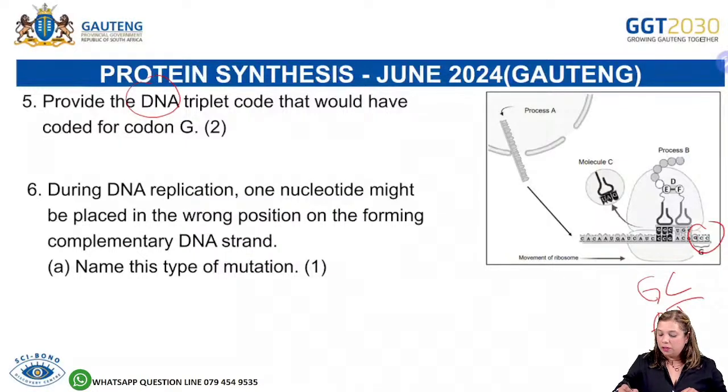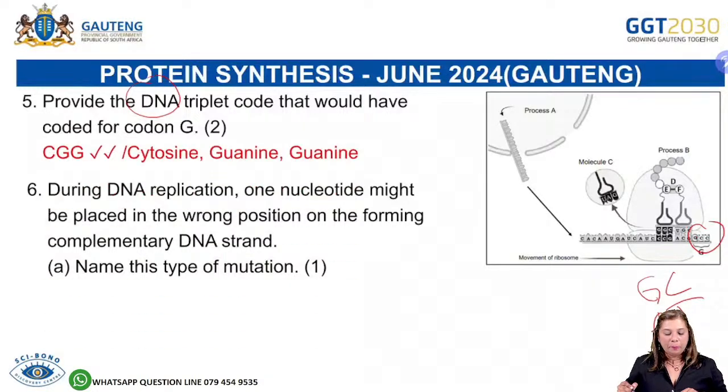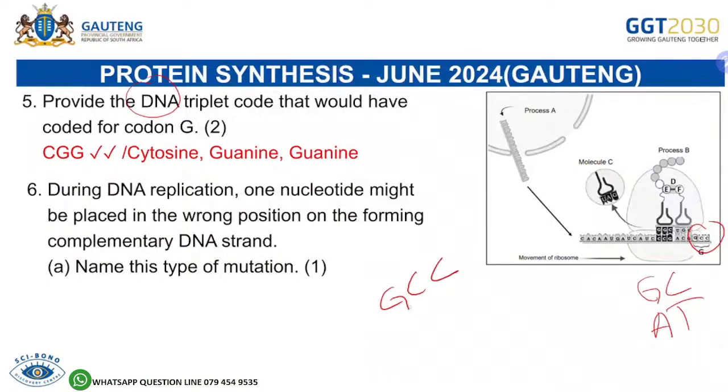So I'm going to rewrite it so you can see clearly. GCC. So what will G pair with? C. What will C complement? G. And C complements G. So we took that from there and we worked out the code there. Cytosine, guanine, and guanine. Okay?